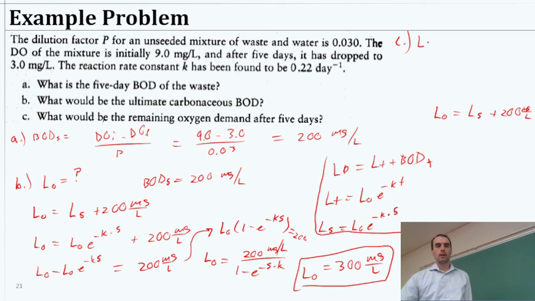So LT, that's the amount remaining at time t, we can say that's going to be L naught minus the BOD at time t. So we can say L at 5 is going to be equal to 300 minus 200. So 100 milligrams per liter.